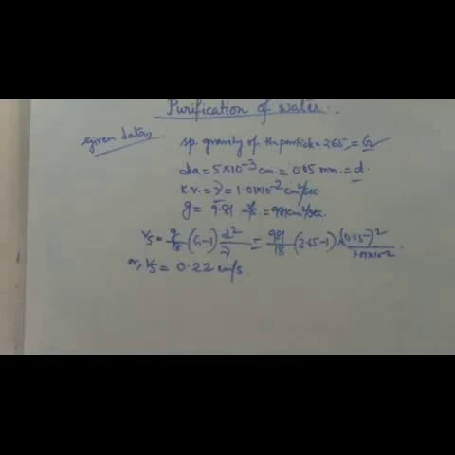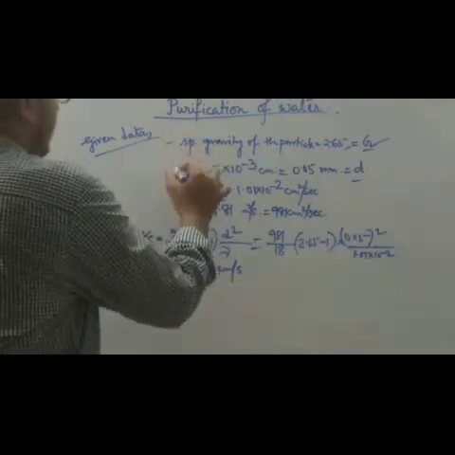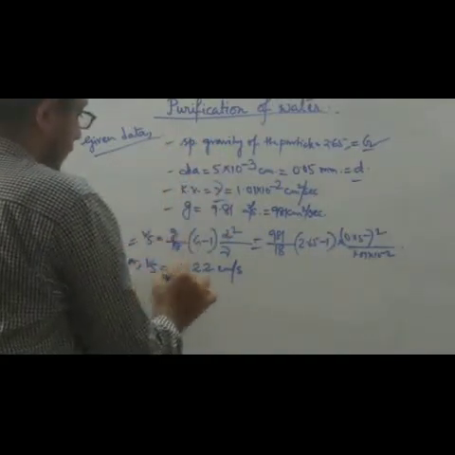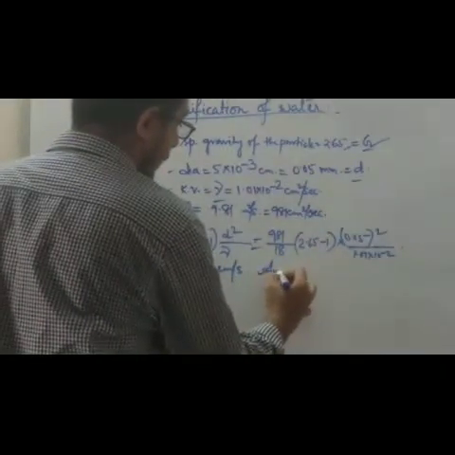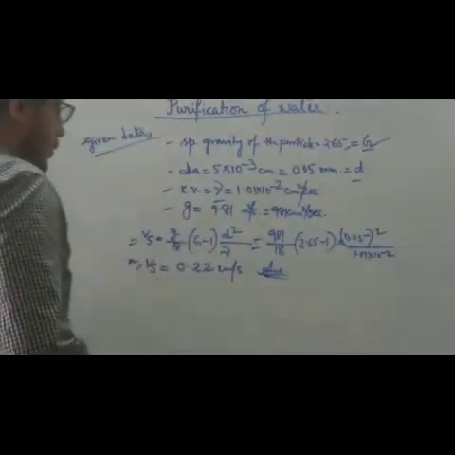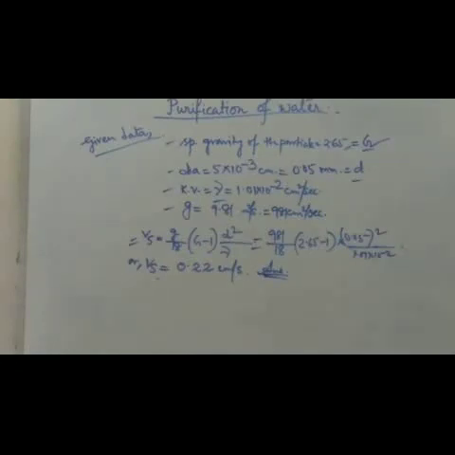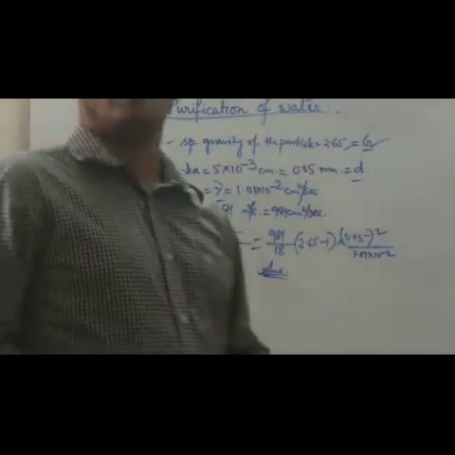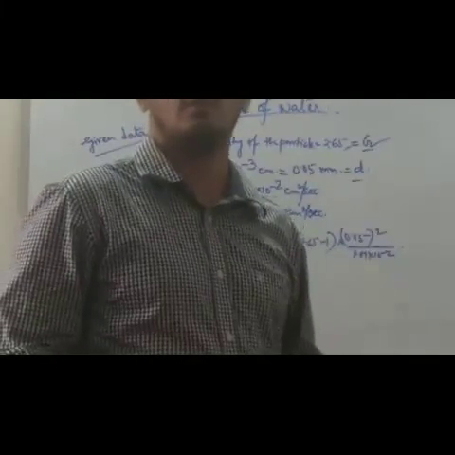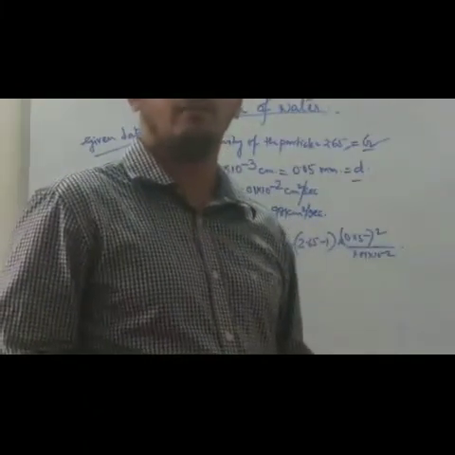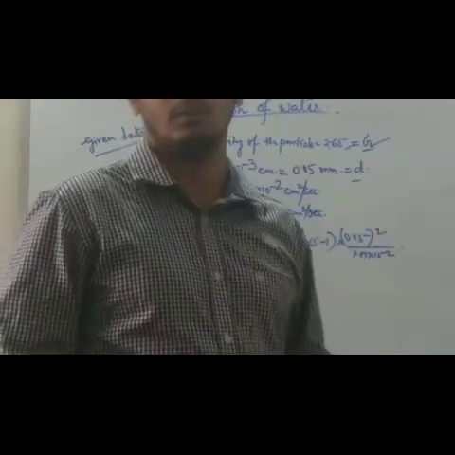So if these values are given, then we can easily calculate the settling velocity as 0.22 centimeter per second. Now this is all about the plain sedimentation process. Okay, and in my next video I will discuss the sedimentation tank and its principle. Thank you.